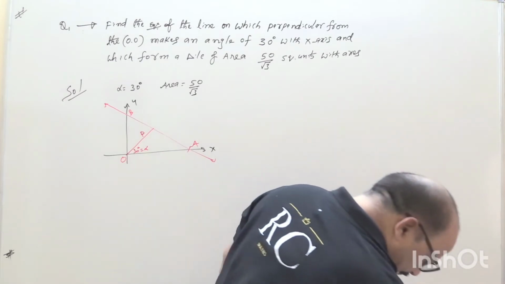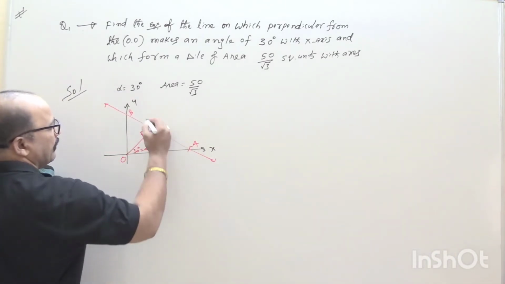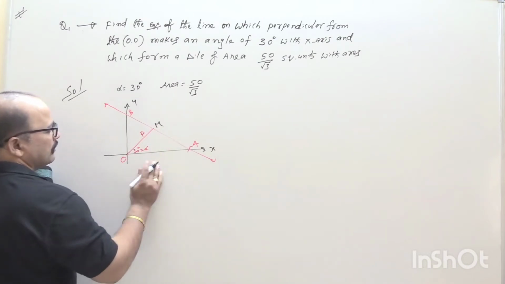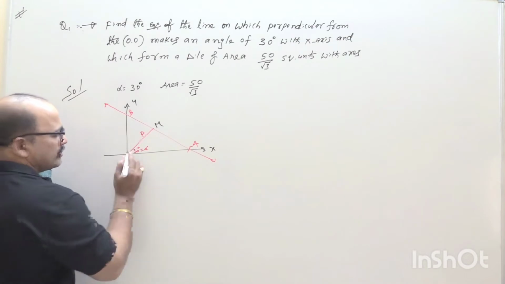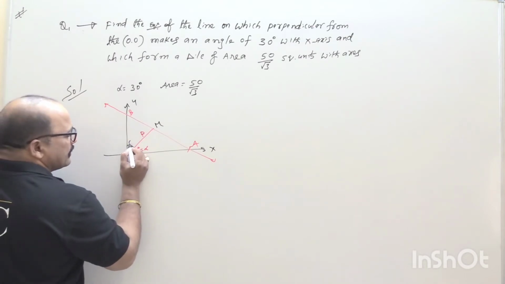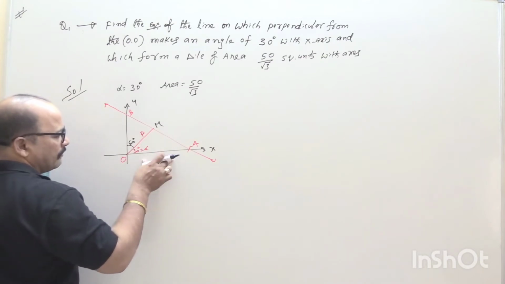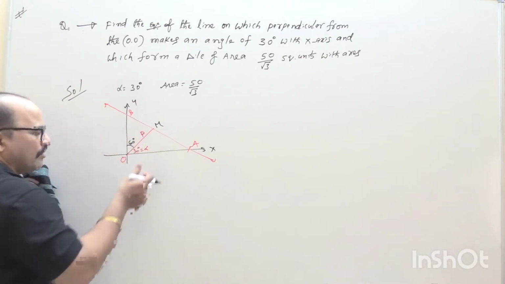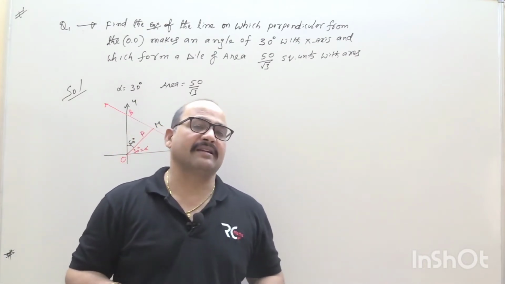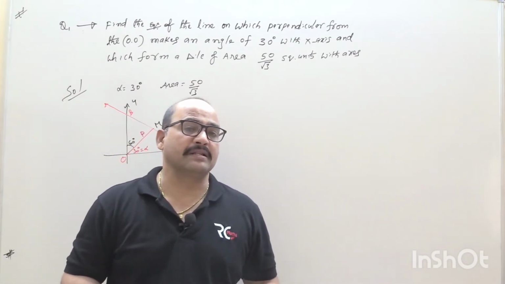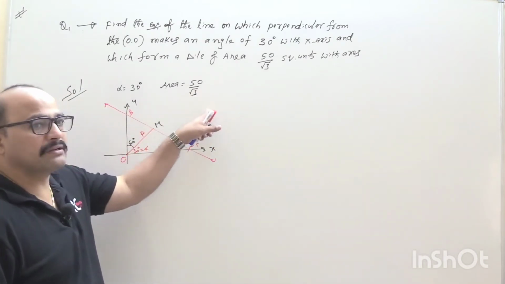First my target is OM, this is the point M. Now there are two right angle triangles, with angles 30 degrees and 60 degrees. Now my target is OA and next OB. Why focus on OA and OB, sir? Because half into base into height is equivalent to 50 by root 3.